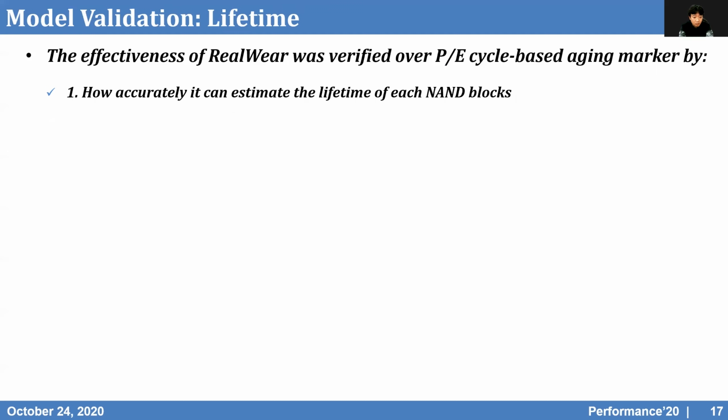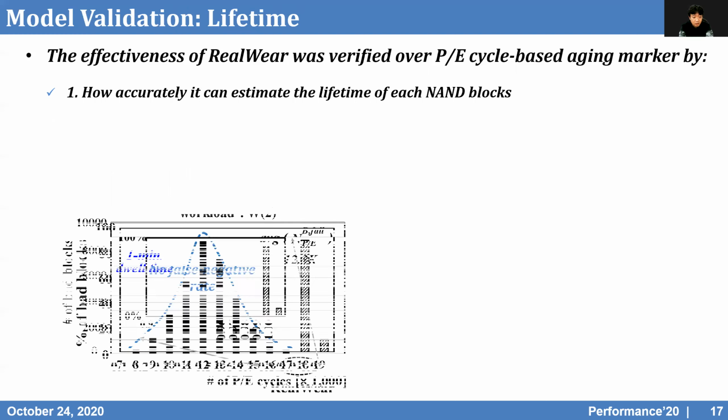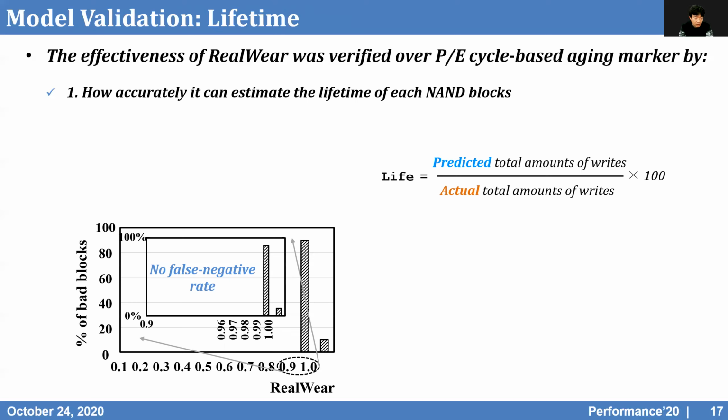We first compare the estimation accuracy for lifetime between NAND aging markers. Unlike P cycles, if RealWear were used as a NAND aging marker, most blocks reached their maximum lifetimes at the same value. For further analysis, we compare the accuracy of lifetime estimation between NAND aging markers using a new metric, life.